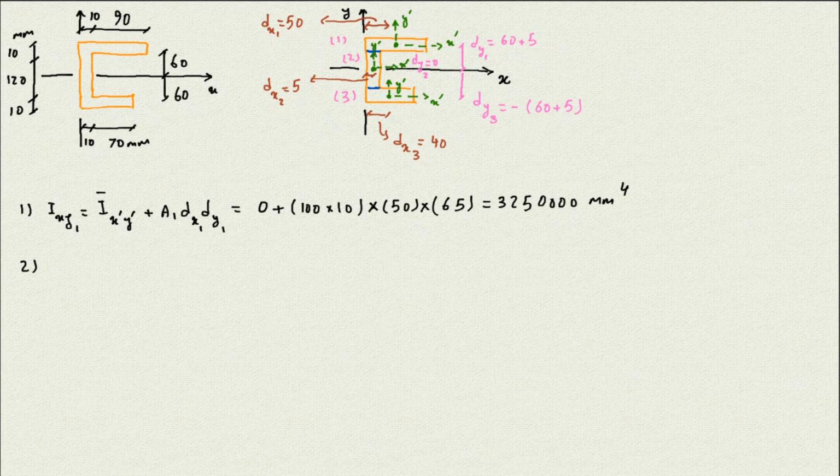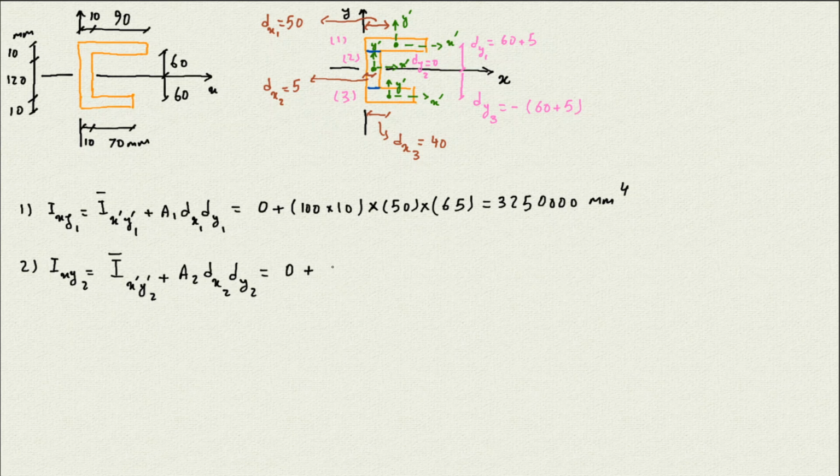For the second area, this middle rectangle here, we have the Ixy for the second one, similar to that: the product of inertia about its centroid plus its area times the distance between the axis going through the centroid and the axis we want to calculate the product of inertia about. Again, this is a rectangle, so the product of inertia about the axes going through its centroid is 0 because those are symmetry axes.